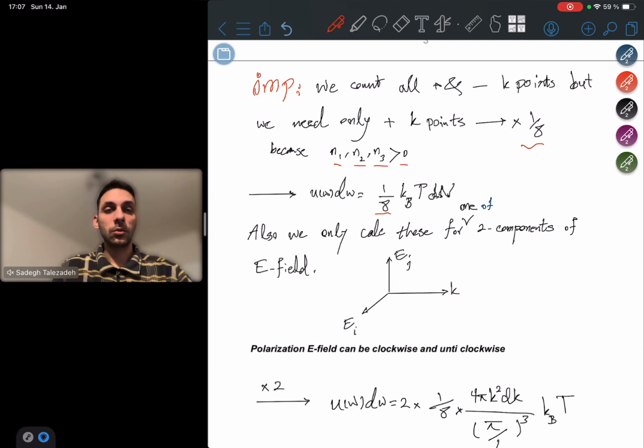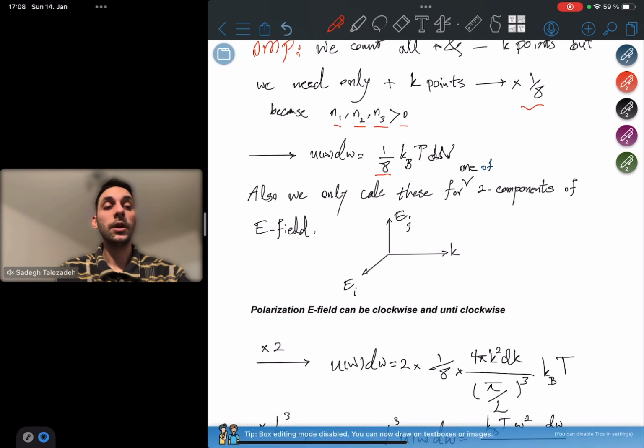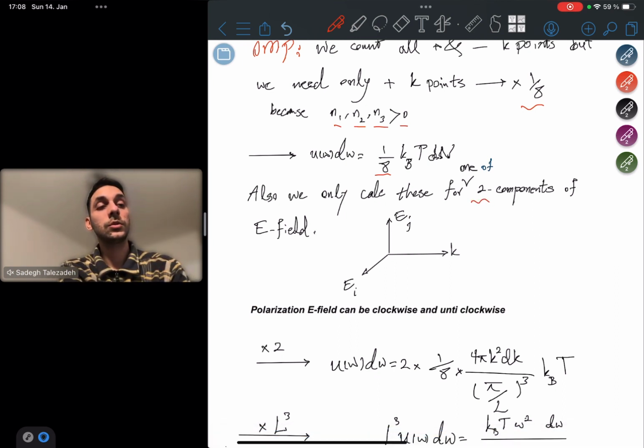And also, we have two directions for the electric field, which are perpendicular to the propagation of light. And here we just assumed one direction, so we have to multiply by 2.